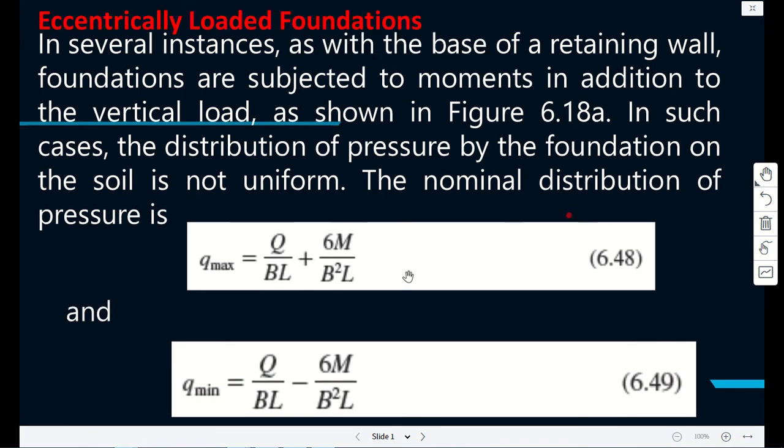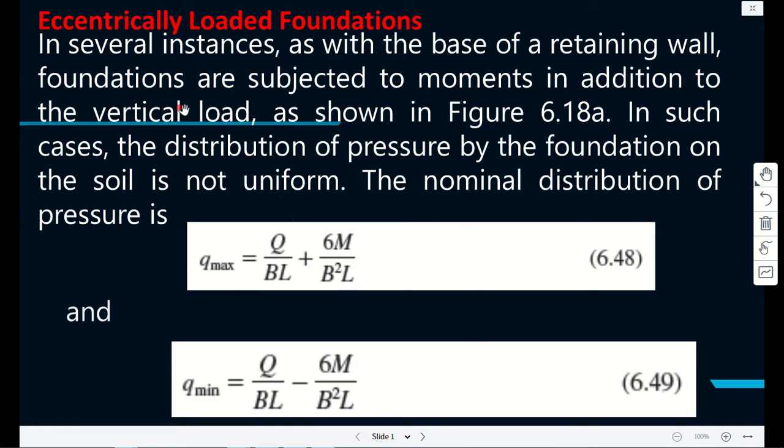I just want to extend a little bit the topic of foundations and give some additional explanation to let you see how all the formulas we've derived can be applied.